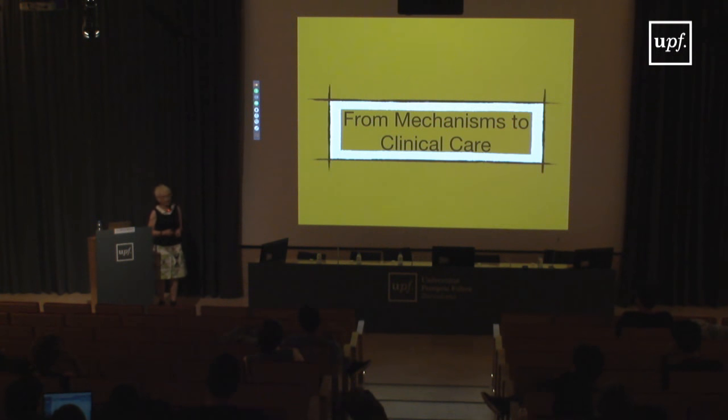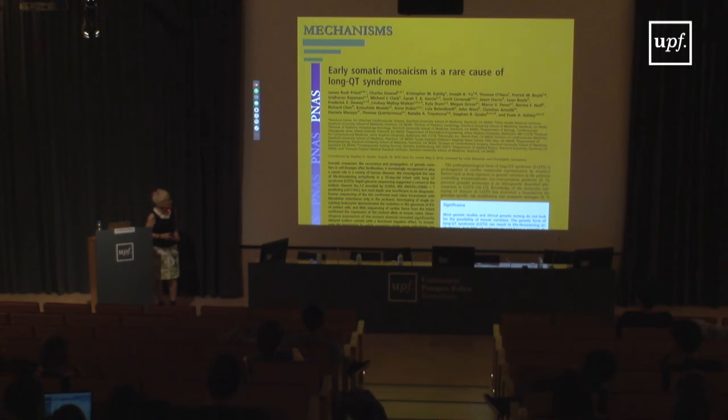So in terms of mechanisms, I want to start with a study that we published last year, and it's actually really interesting. We were not part of that study in the beginning. It was a Stanford group that started that. At Stanford, in the pediatric cardiology, there was a girl who came to the clinic.